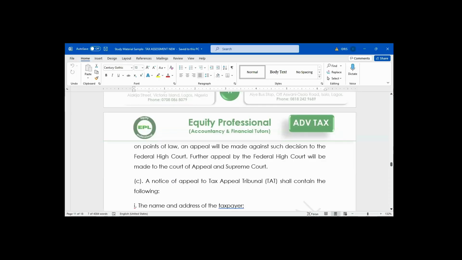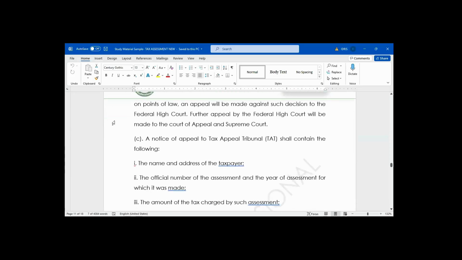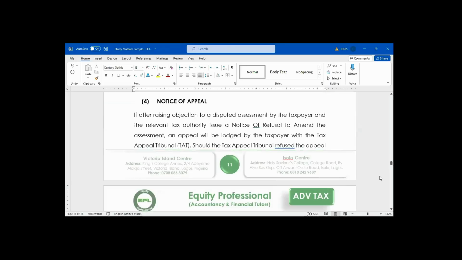So what are the contents of notice of appeal? The name and address of the taxpayer will be stated in the content of notice of appeal.